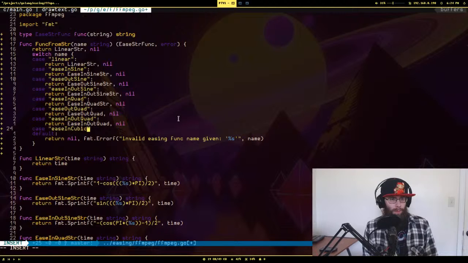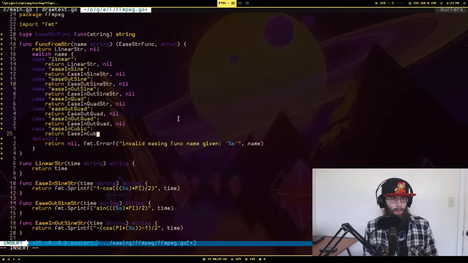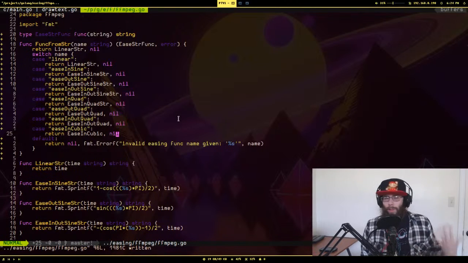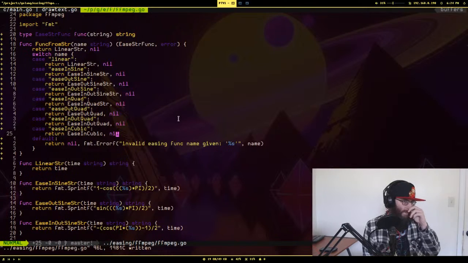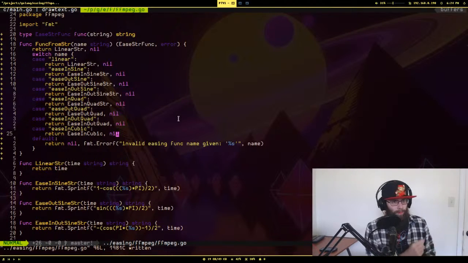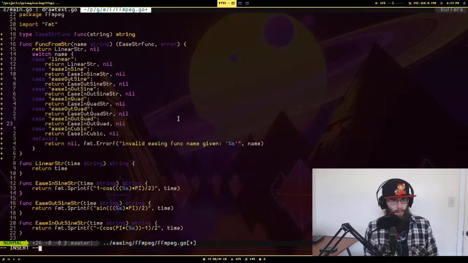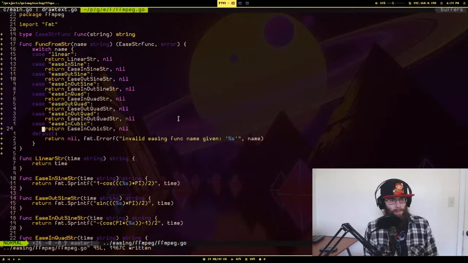Ease in cubic. Oops. Derp these names. Got too many tabs open.